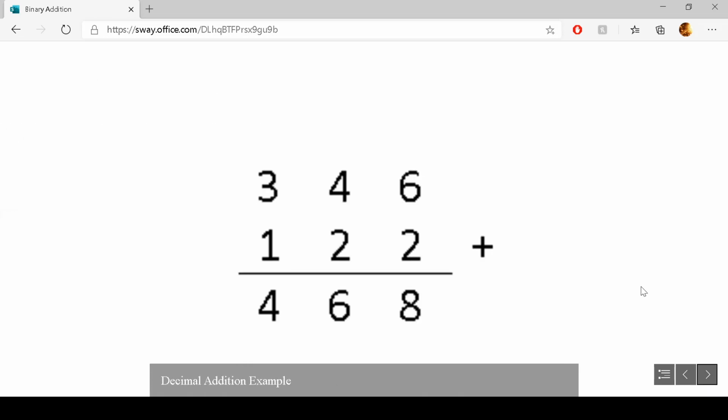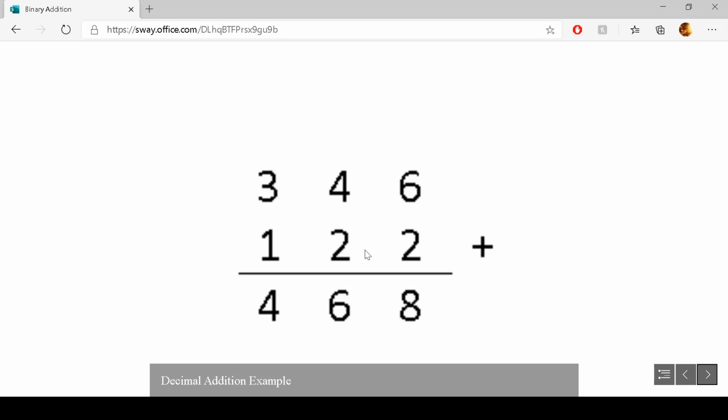Here is an example of decimal addition. As you can see, we have got two numbers and we have got 3 digits in each number. So starting from the right hand side, 6 plus 2 equals 8. So we place 8 in the result column. There is no carry.